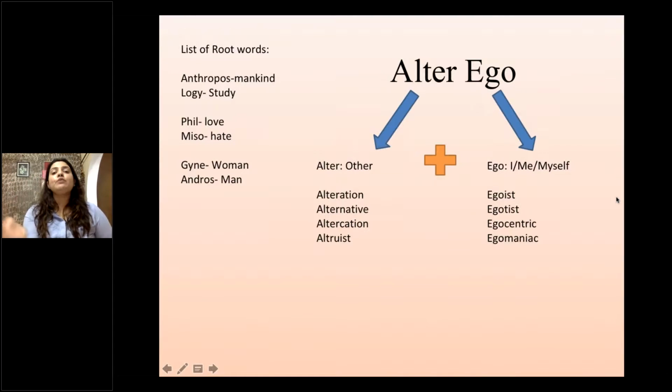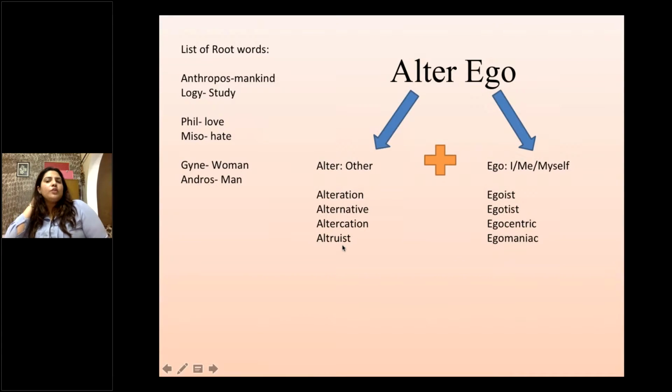Altercation, dispute, verbal dispute. So again, altercation is a verbal dispute with the other person. So you see, all the words have other in them because they have the word alter. Quarrel, right? Correct, Avneet. Yes, Angad, it's a verbal dispute with the other person. Very correct. Okay, next is altruist.